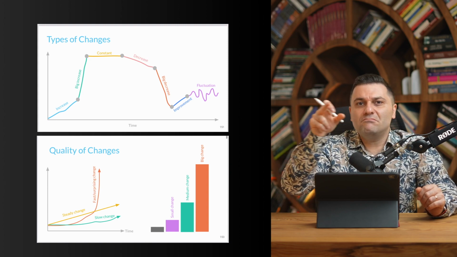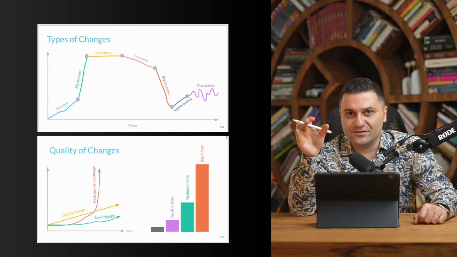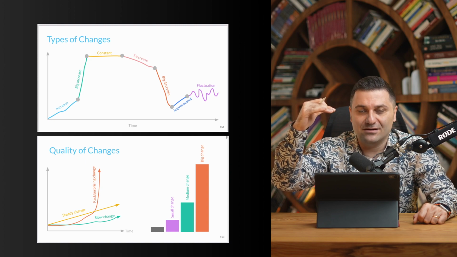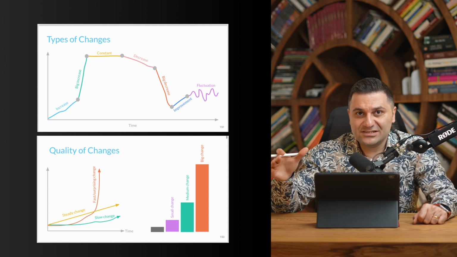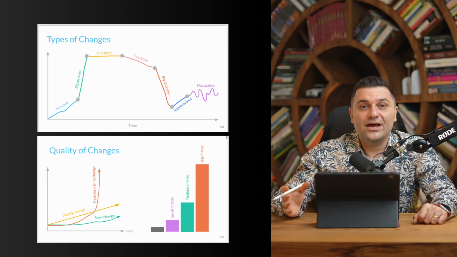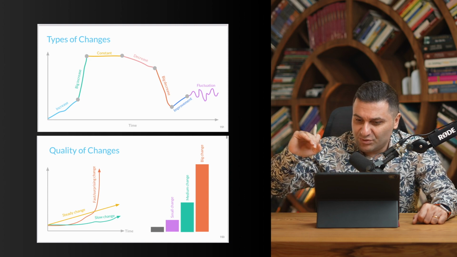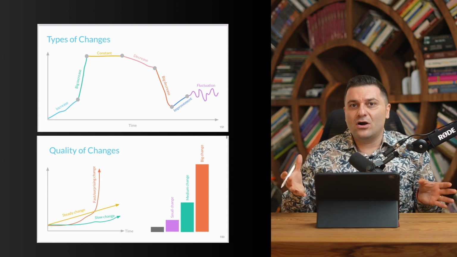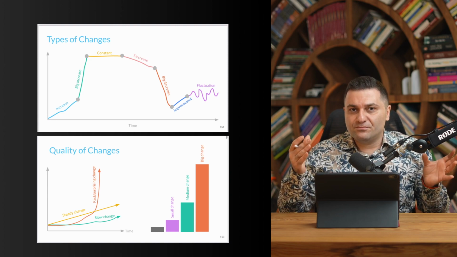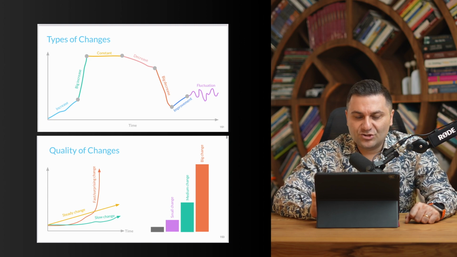Then the data does not change after that, so we say it's constant, without any change. And then we have decrease, then there is a big decrease. And then after that, we have improvement and then fluctuation. Typically, these are the types of changes we have when we talk about trend graphs.